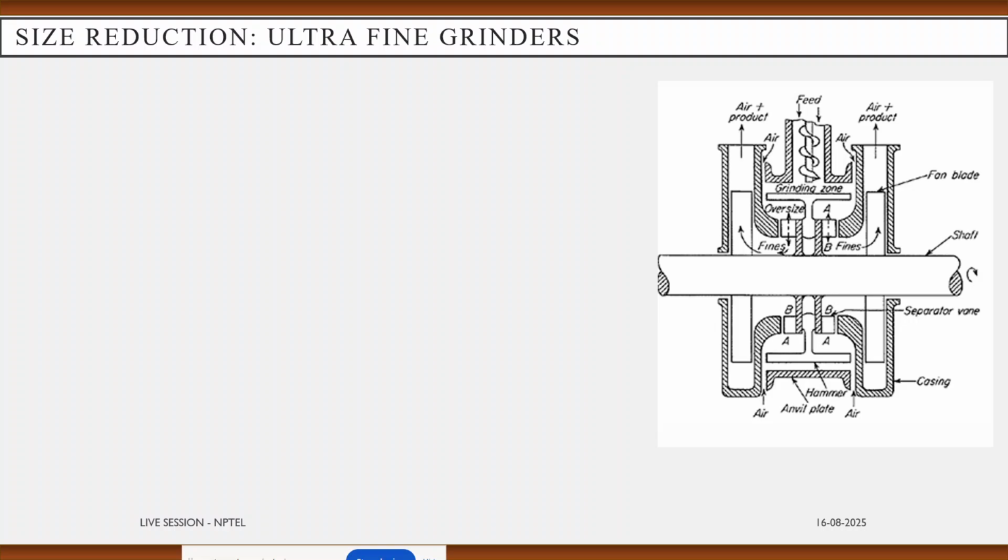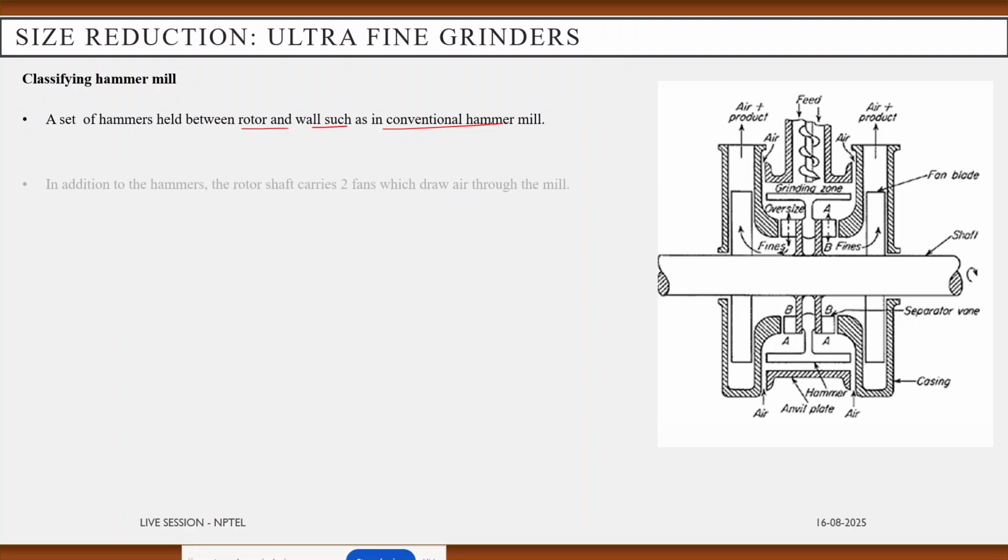The next and the last one we are going to discuss is the classifying hammer mill, which is a similar process but we are using dry grinding. Here a set of hammers is held between the rotor and the wall, as we operate in a conventional hammer mill.